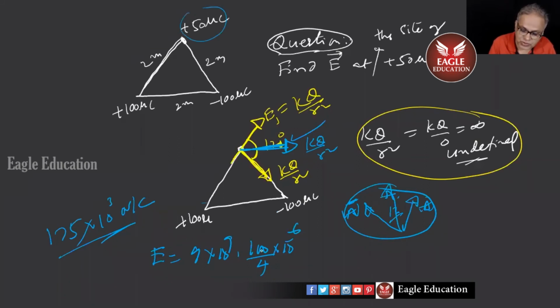Of course, if I know this one, I know the force on plus 50 if I wanted. Multiply this field strength with 50, you'll get the force in this direction. Remember, to define a field strength at a point, you don't require to have a charge there. Even if you have a charge there, the field of that is not defined. At a point here, the field is because of the surrounding charges, not the charge at the point.